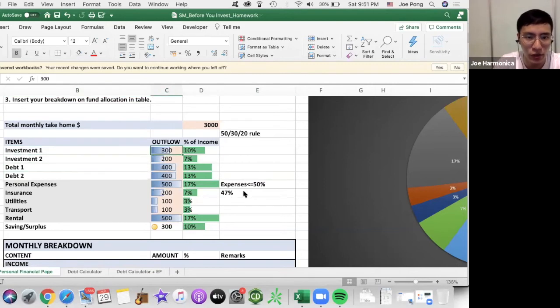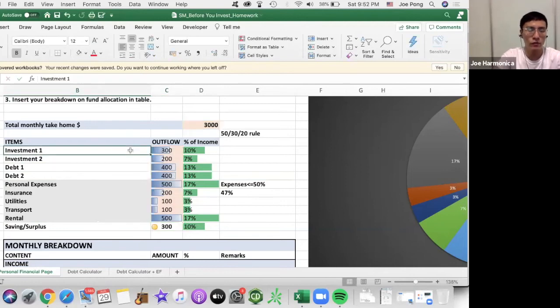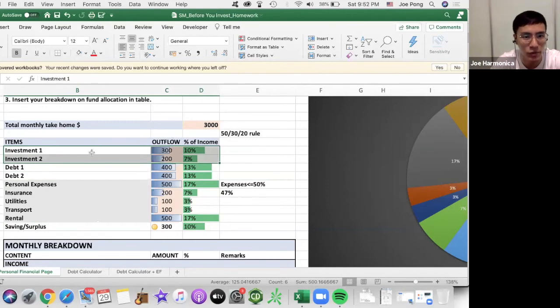So other things you need to know is about your investment and debts and your savings. So savings here, I'm putting surplus because how I project this is based on whatever surplus I have, I put it into savings. So remember that I told you something about the Latte Factor of paying yourself first, all right? So make sure you pay yourself first by allocating the take-home money you have to your investment first, all right?